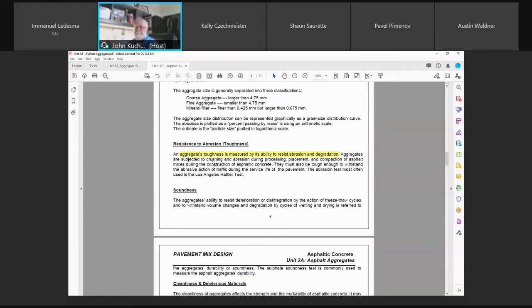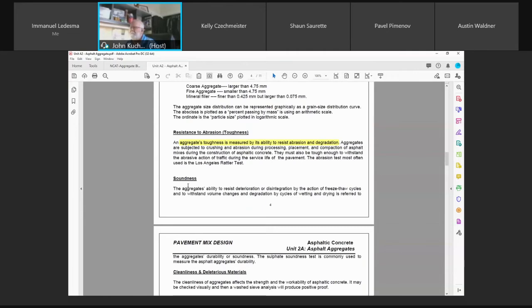As the pavement serves its needs year after year, you've got a lot of repetitive wheel loads, so you're getting abrasion. So that's what we've got to look at. We want an aggregate that's not going to wear down or degrade. And typically the test is the Los Angeles abrasion test, sometimes referred to as the Los Angeles battery test.